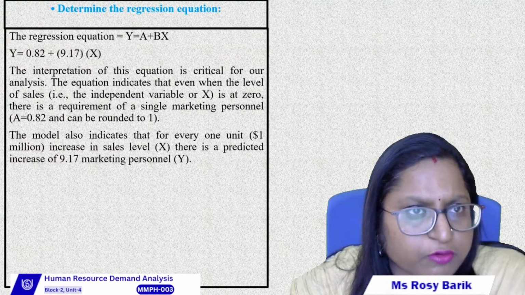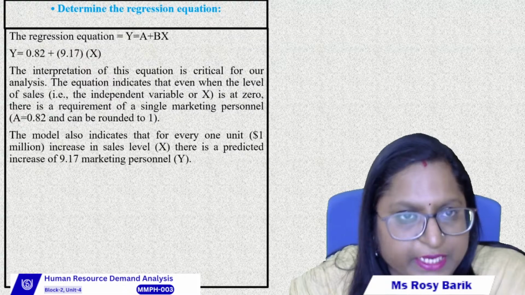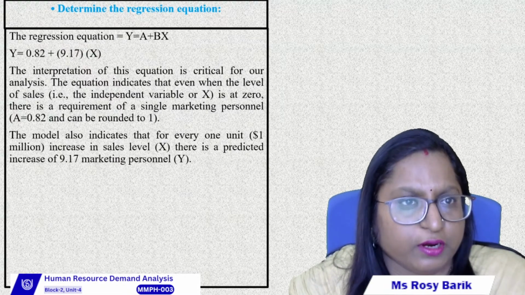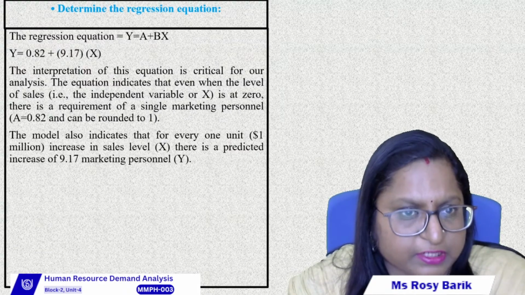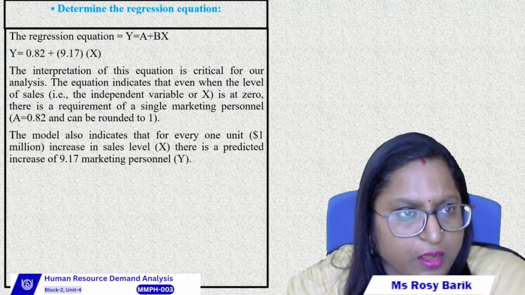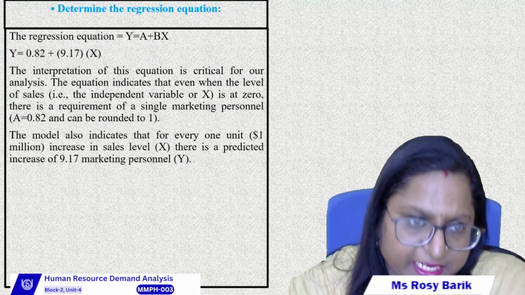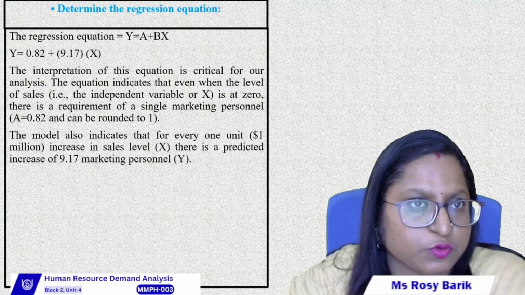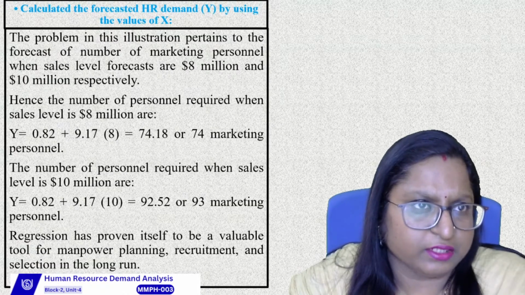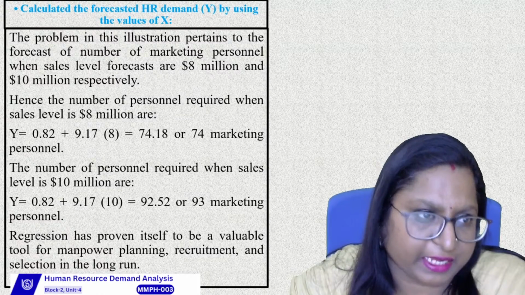So if we want to calculate the value of y, y is equal to a plus bx, we can put the value of x as per the given data, or we can start from 0. By putting different data on x, the value of y changes. So this is the regression equation, with which we calculate the forecasted HR demand y by using the values of x.